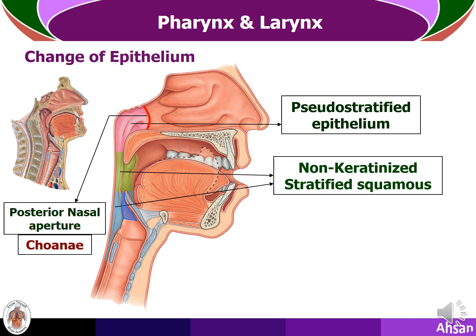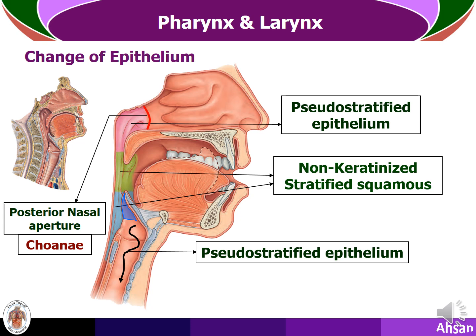The larynx has different epithelium. Most of it is lined by pseudostratified epithelium except over the anterior part and upper part of the posterior surface of the epiglottis and the laryngeal folds, the vestibular fold and the vocal fold, which have stratified non-keratinized squamous epithelium.